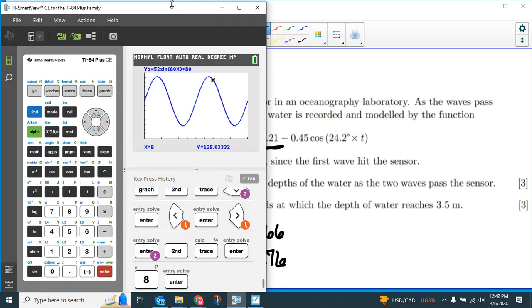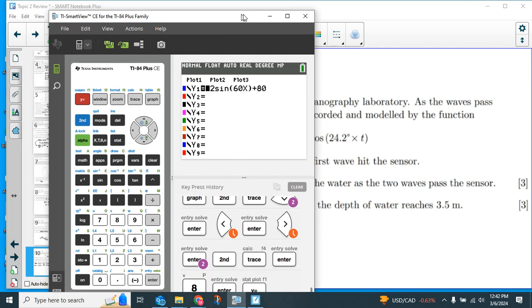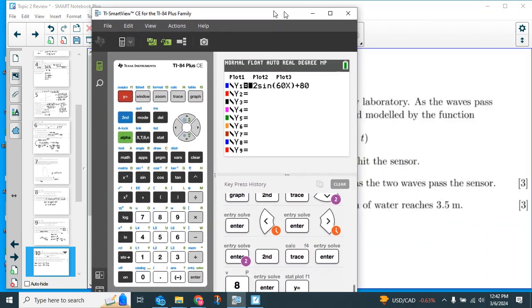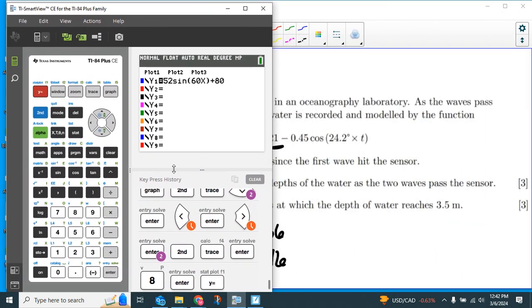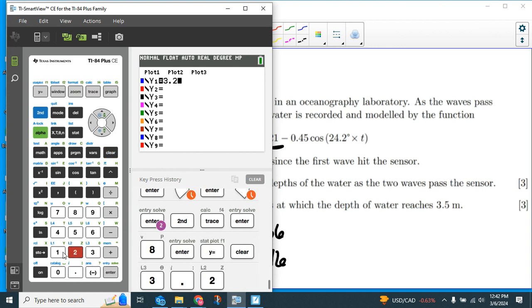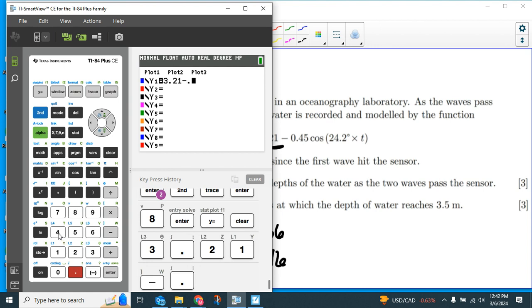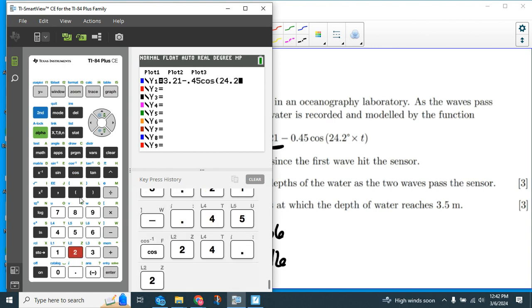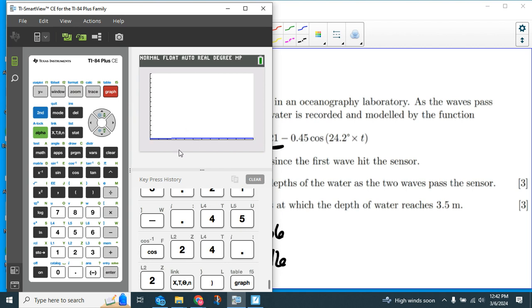So we would go to our y equals here, and we will say 3.21 minus 0.45 times the cosine of 24.2x. Close that there. All right, I'm going to graph. From my last one, my window's way messed up. Question? Yeah, you never have to ask, dude. You can just go.